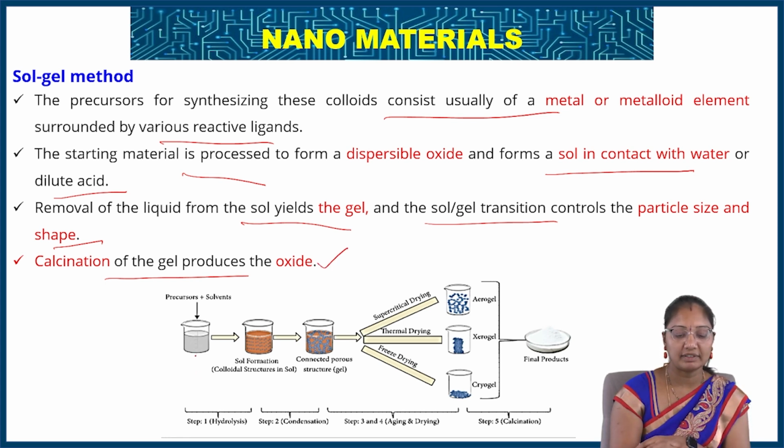Here this is the precursor plus solvent, meaning metal oxide plus solvent, which undergoes hydrolysis here, causes the salt formation. Again condensation here results in the gel formation. Again, drying or calcination happens here.